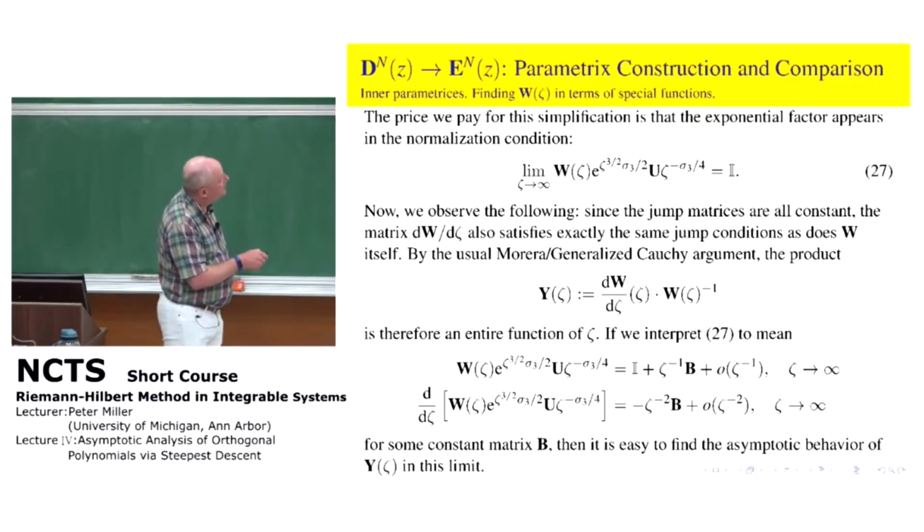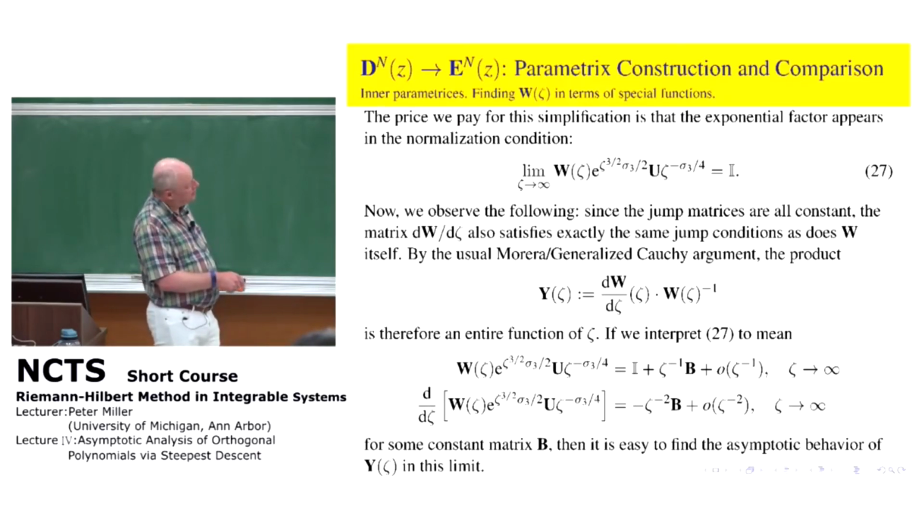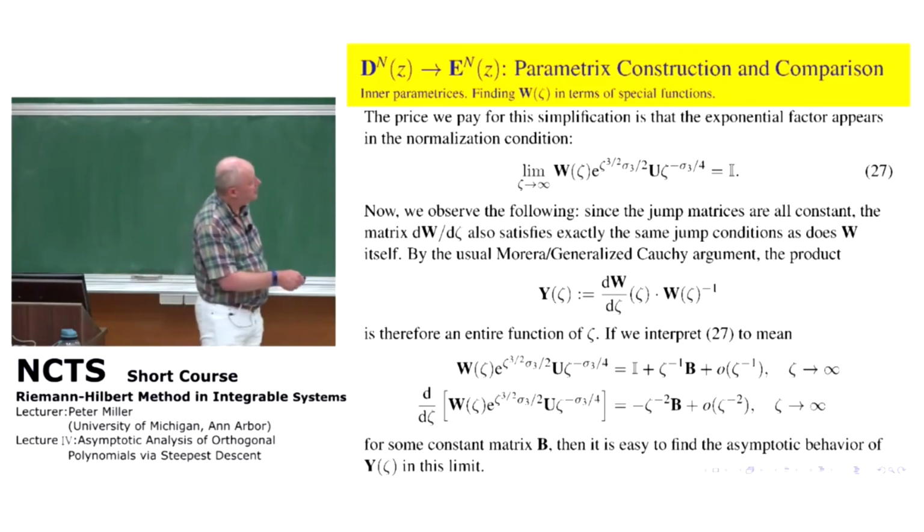So if we interpret this expression as saying that this quantity here has an asymptotic Laurent expansion for large zeta, identity plus zeta inverse times some constant matrix B plus smaller terms, and also that the derivative of this quantity can be expanded as the derivative of this series, that's a kind of hypothesis, but it's the reasonable thing to assume, I think.